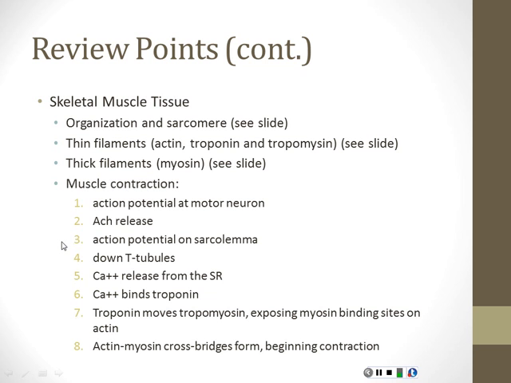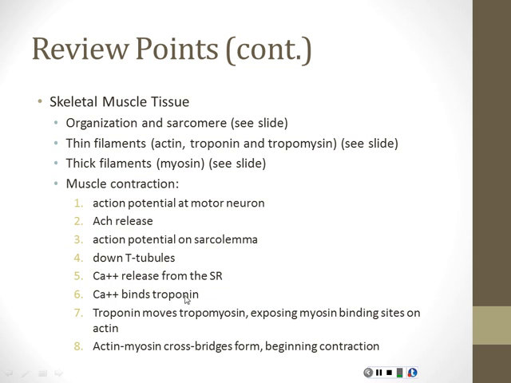That action potential spreads across the muscle cell. It goes down those T-tubules, and as it passes the sarcoplasmic reticulum, it triggers calcium release from the sarcoplasmic reticulum. So the action potential brings about calcium release. Okay? That calcium release then affects troponin.